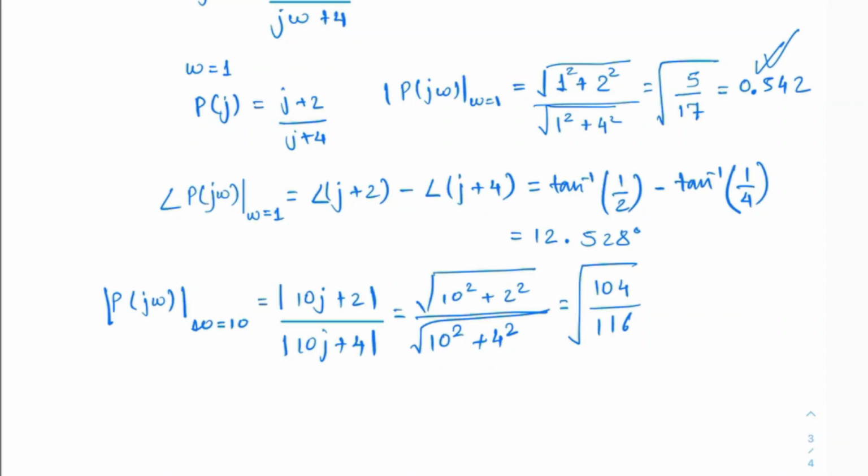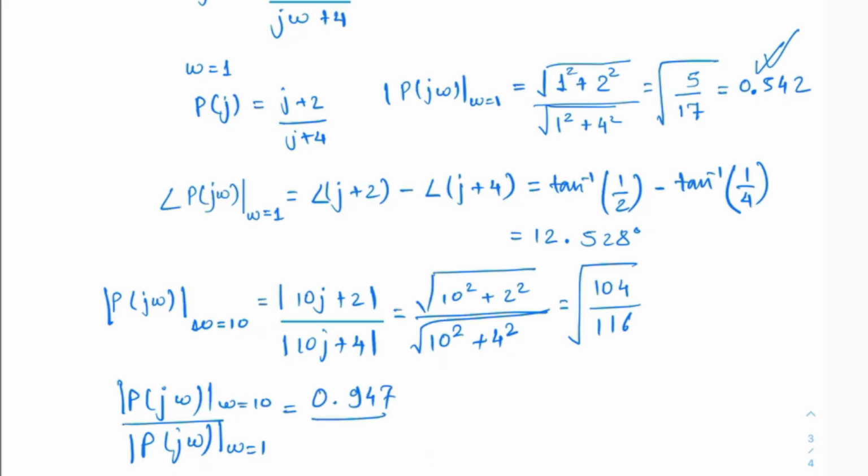So if we take the ratio, this would be 0.947 divided by 0.542, that is 1.747.